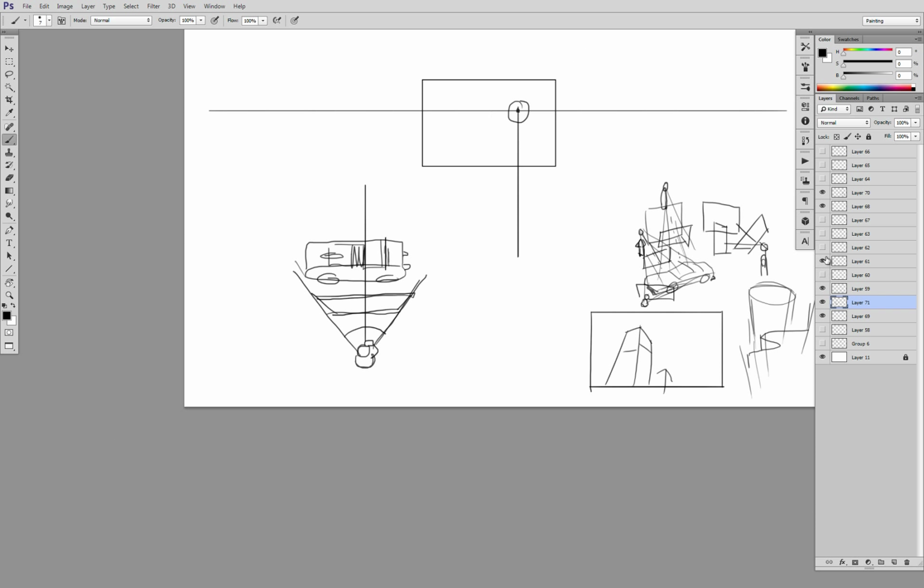And if I try and find my angle, let's see whether this fits. So if I'm here, what you can see is that it's going to be quite difficult for me to fit this car in. Maybe if we copy this over, we can start to play around with this.